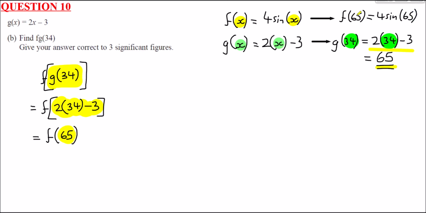So again, showing this clearly and unambiguously to the examiner, we would say that this is therefore going to equal 4 sine of 65.